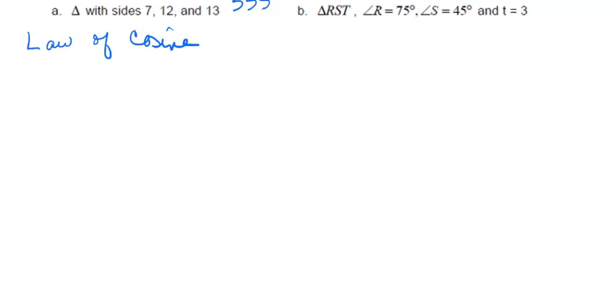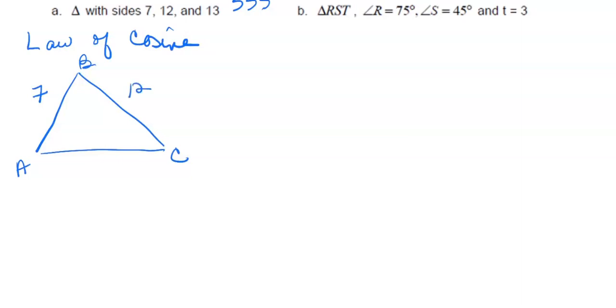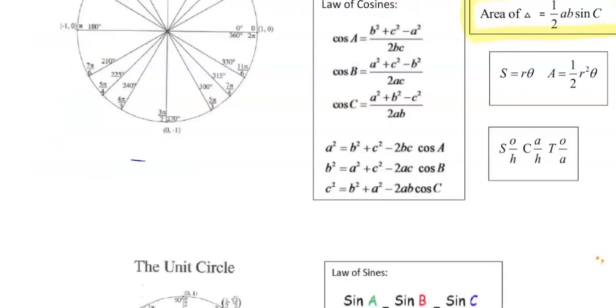So the first thing I'm going to do is draw this triangle. So here in my triangle, I'm going to label things because it's helpful for me to use my formula with things labeled. Okay, so let's just say, I'm going to say that this is 7, this is 12, this is 13. Okay, so now let's go into my formula sheet so I can show you what we're going to do.